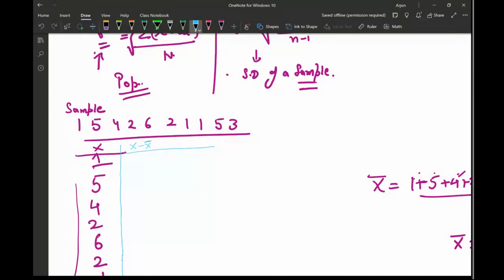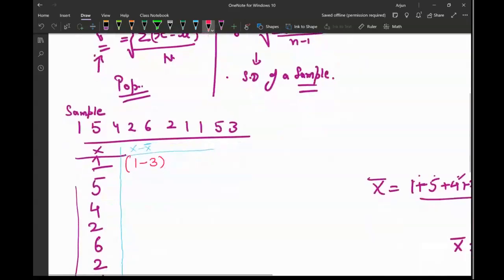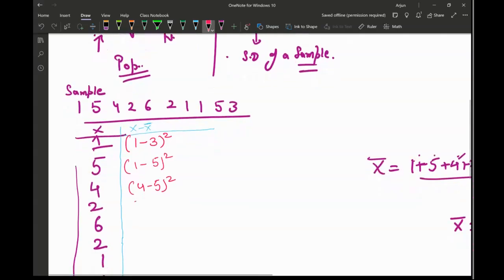So how can I calculate that? 1 minus 3, and then I have to square it too. I'll put a square also here. 1 minus 5 square, and then 4 minus 5 square, and then 2 minus, well, I don't know why I took the 5 here. It should be 3.